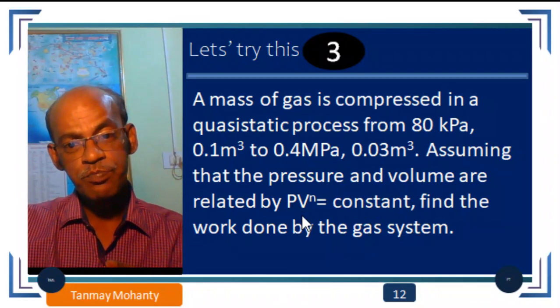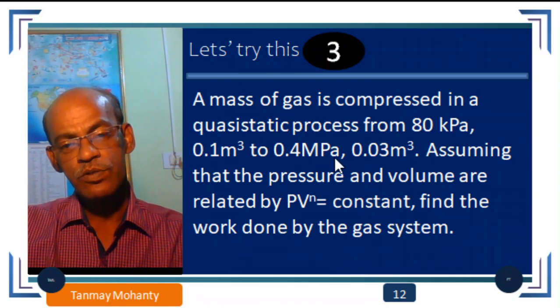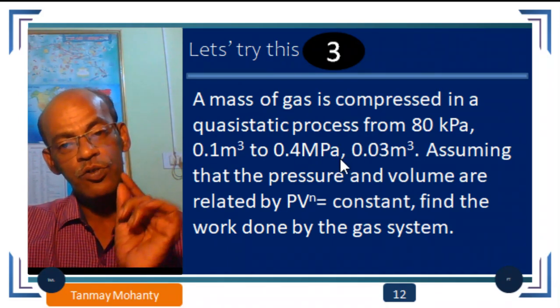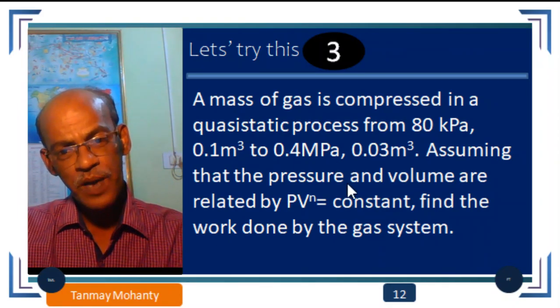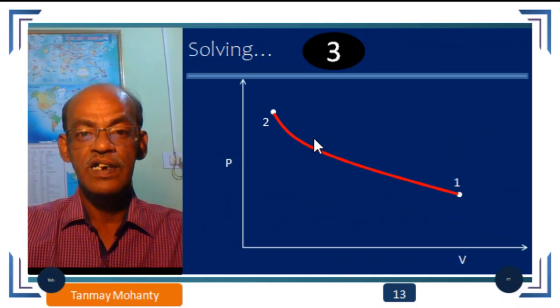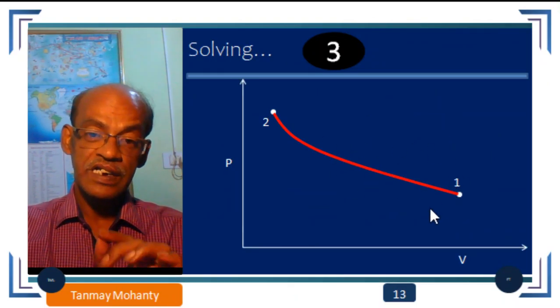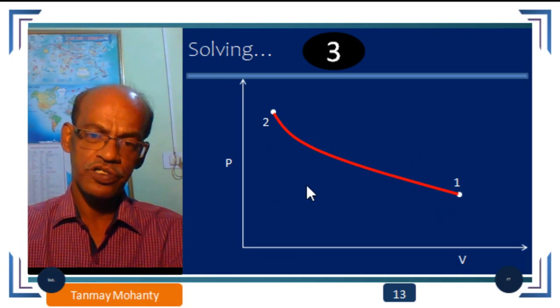But I know this PV to the power n equal to constant, that is P1 into V1 to the power n equal to P2 into V2 to the power n. So we shall use our algebraic knowledge to find out n, and once you find n, the problem is solved. Okay, how are we going to do it? I told you, for any type of thermodynamic analysis, you must demonstrate the process with some diagram.